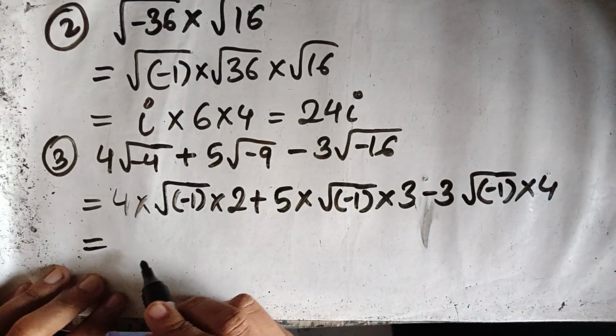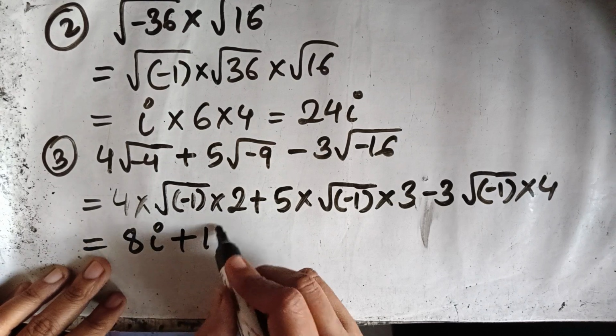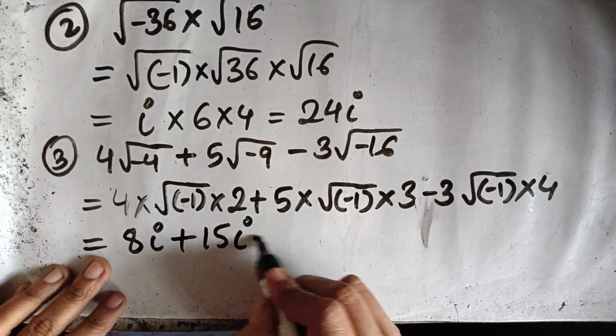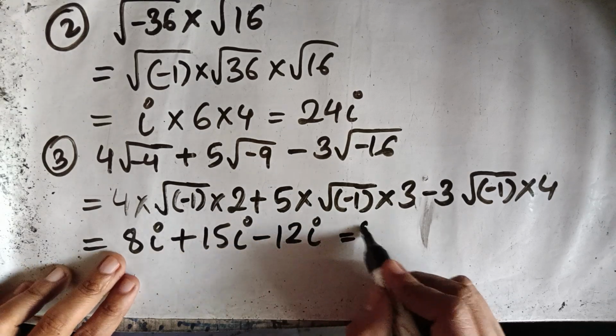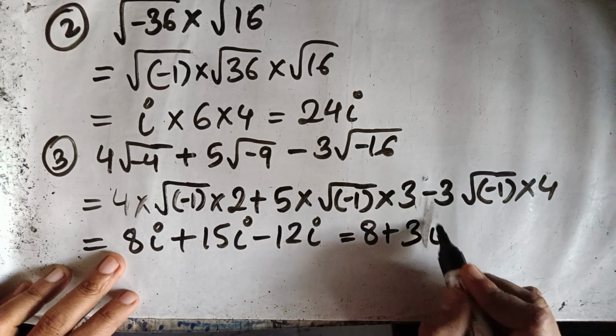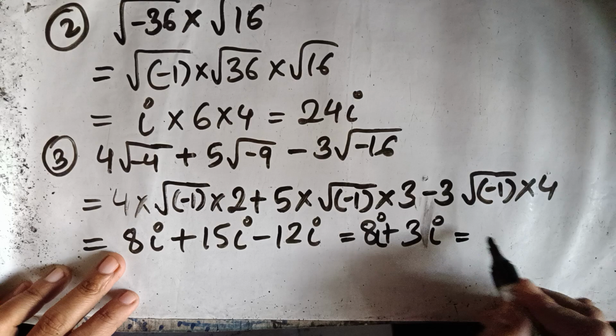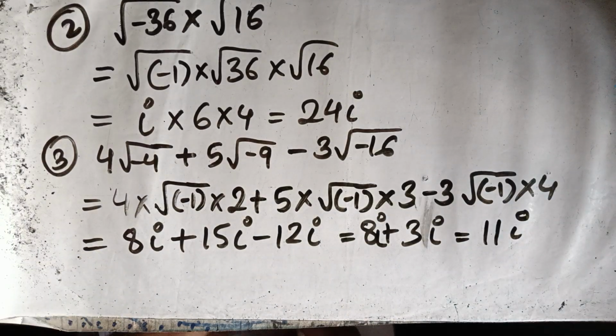So this is 8I, 15I, 12I. 8 plus 15 minus 12, 3I, 8I. 8 plus 3, 11I.